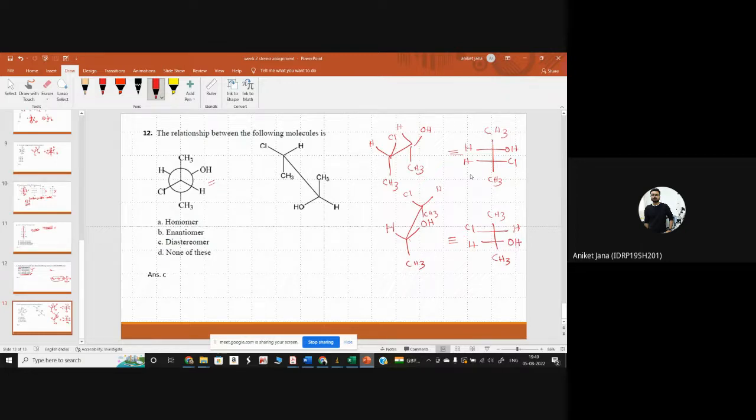So which one is this one? Is this one Newman or Sawhorse?